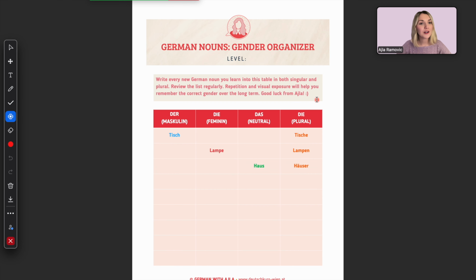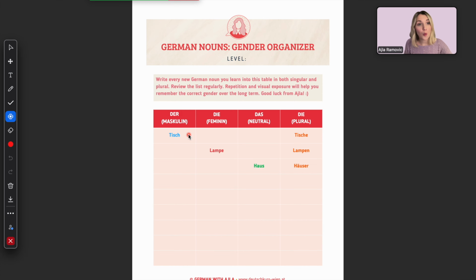Imagine you have learned a new German word, and this word is Tisch. You can see the word in your book, and it says that this word is masculine. So then you take your gender organizer and you write this word down in the masculine category, so under der, masculine.